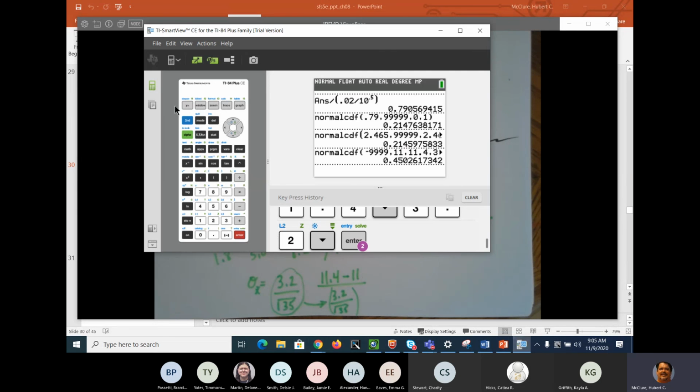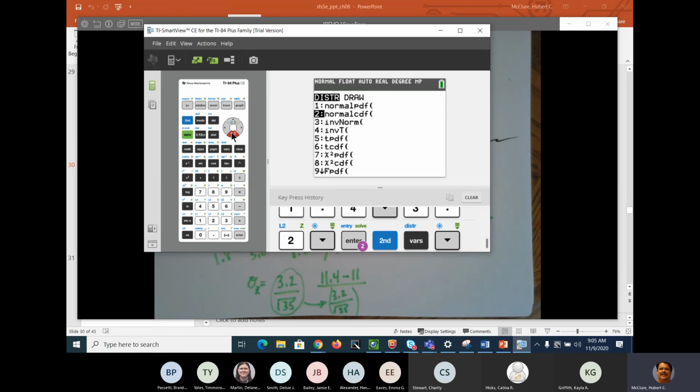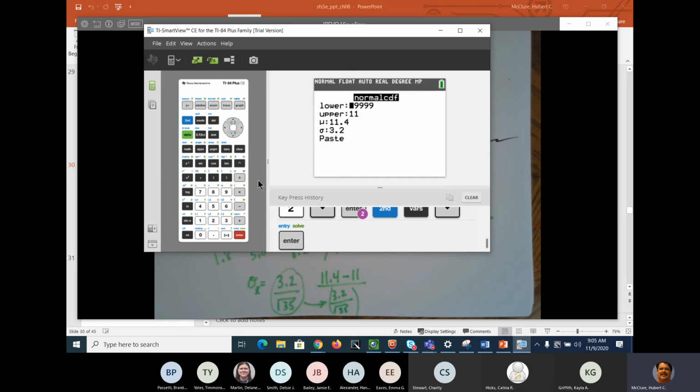Man, we've got to finish. Second, bars, normal CDF, and I'm going to do negative 9999 to 11, 11.4, and instead of 3.2, I'm going to do 3.2 divided by the square root of 35.